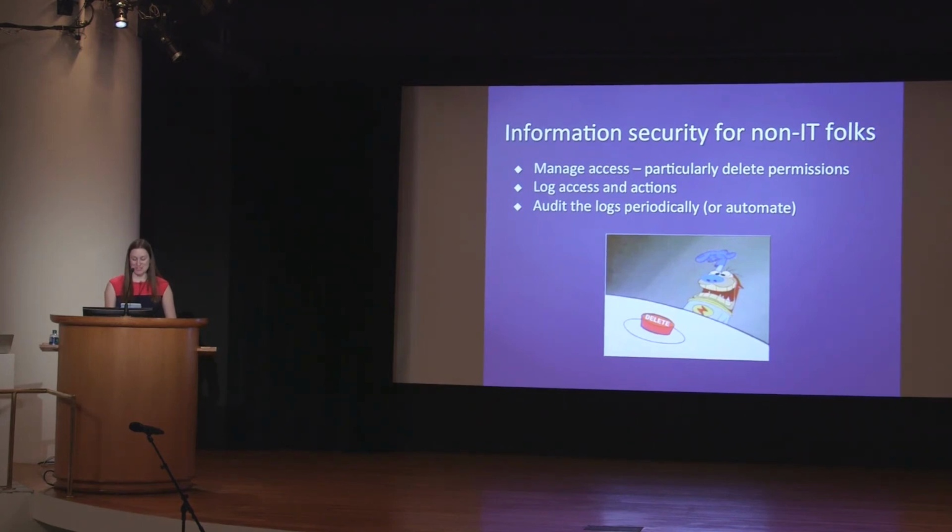But you would be surprised at many institutions how many people have the ability to edit or delete digital collection materials. Whether those actions happen, whether they're malicious or inadvertent, they are real potential threats.